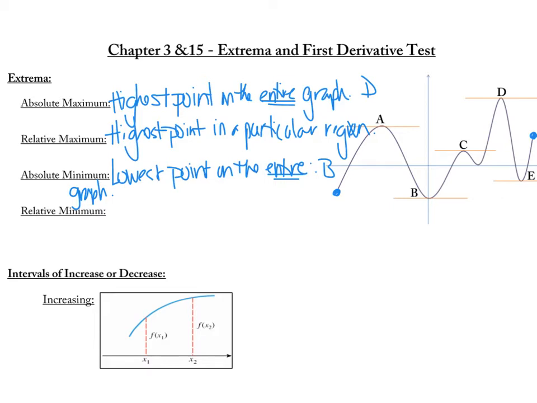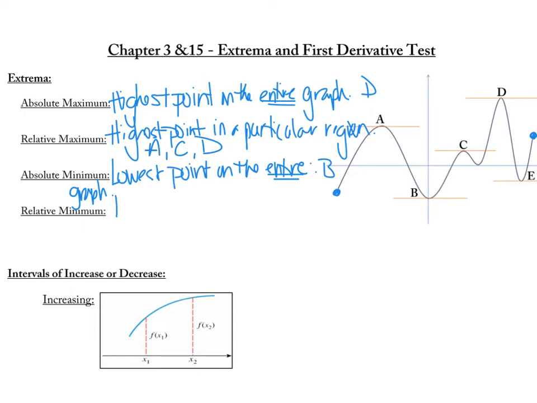One way that I think it's much nicer to remember this is think of the relative maximums as mountaintops and think of the relative minimums as valleys. So anywhere where you have a mountaintop, so notice this would be a mountaintop, mountaintop, mountaintop. Those are going to be relative maximums. So they're the maximum point within a particular region. So in this example, we would have A, C, and D.